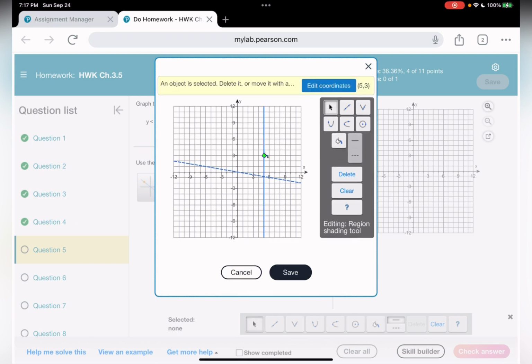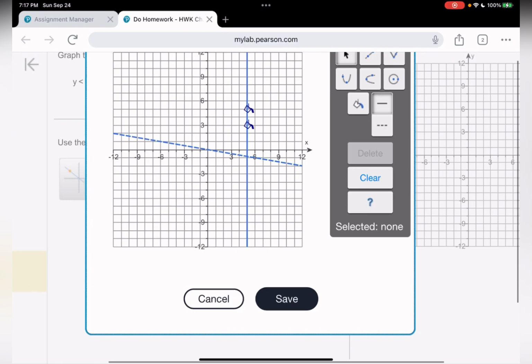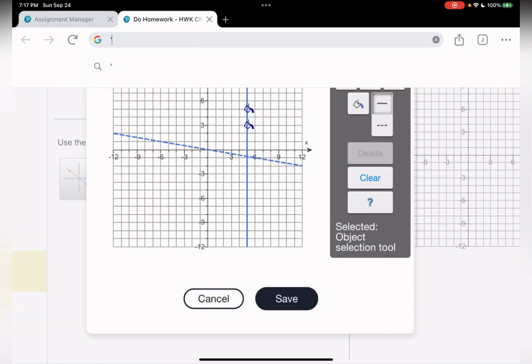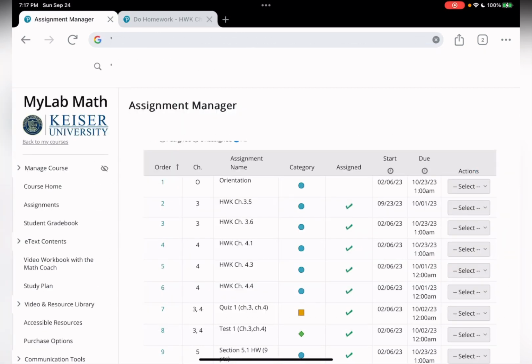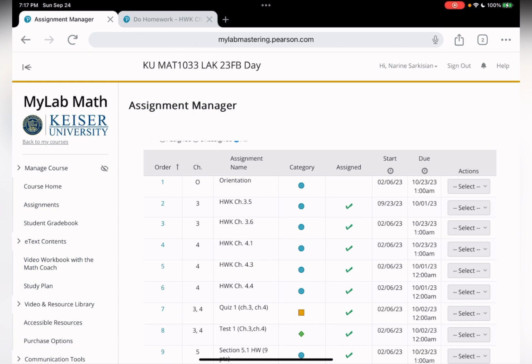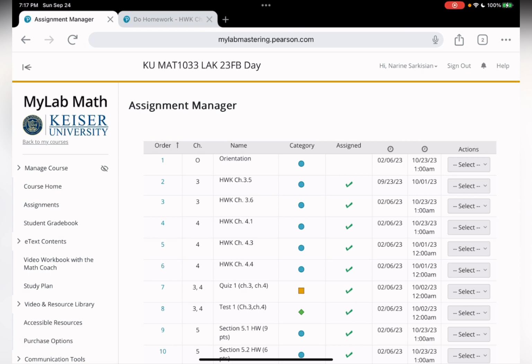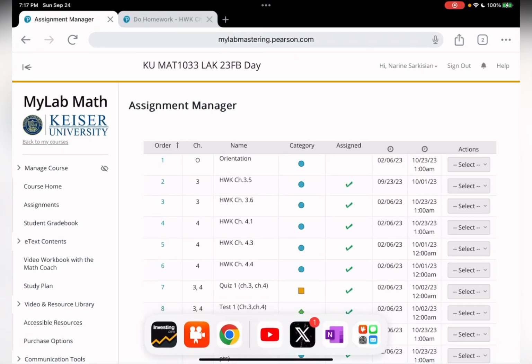Let me clean this. It doesn't want to. There we go. I activate it, edit it. Okay, that's not what I wanted. Did I lose it? I think I lost it.